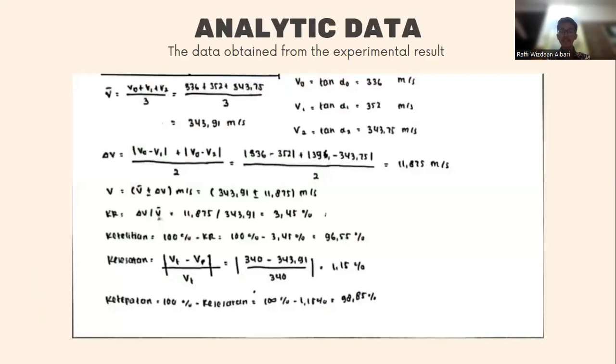From the analysis, we have the average velocity of sound of 343.51 meters per second, and the delta V is 11.875 meters per second. So we have the velocity of sound of 343.91 plus minus 11.875 meters per second.